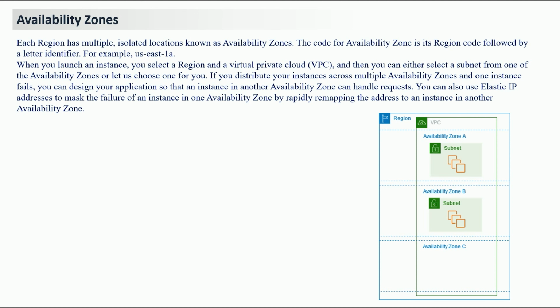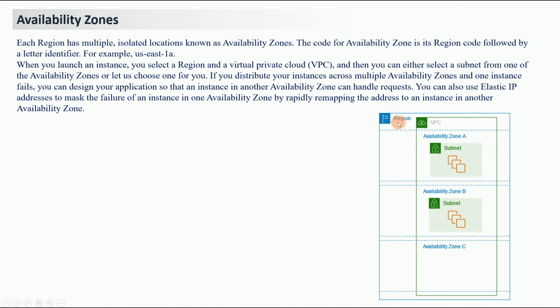In that case you can use an Elastic IP assigned to that instance, and if that instance fails, you can use the same Elastic IP for any other instance which is running fine in any other availability zone. So this makes the downtime as low as possible. It can definitely help in reducing our downtime.